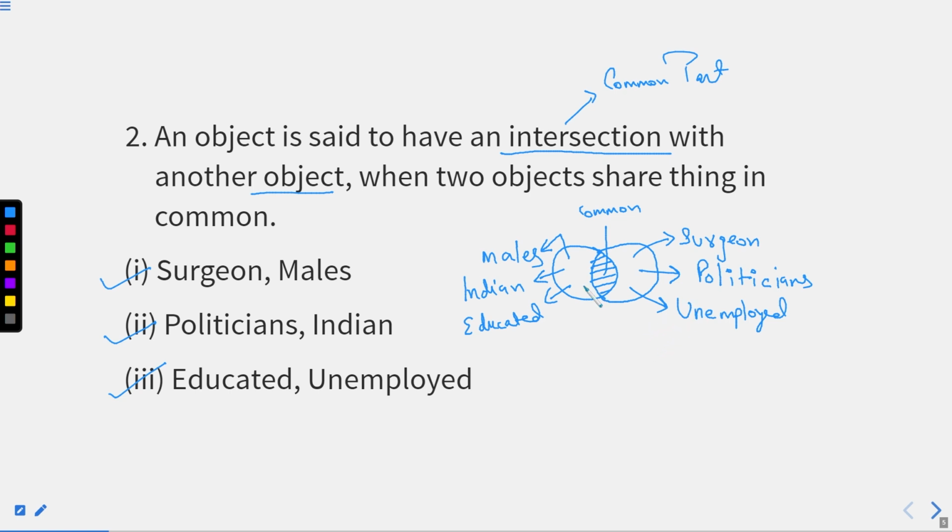Those who are graduates are educated, right? There are a few of them who got a job. There are a few of them who are not able to get any employment. So there are many people who are not educated and unemployed, represented by this side, and those who are educated but not getting any job as of now will be represented by this part, and those who are educated as well as employed will be represented by this part.